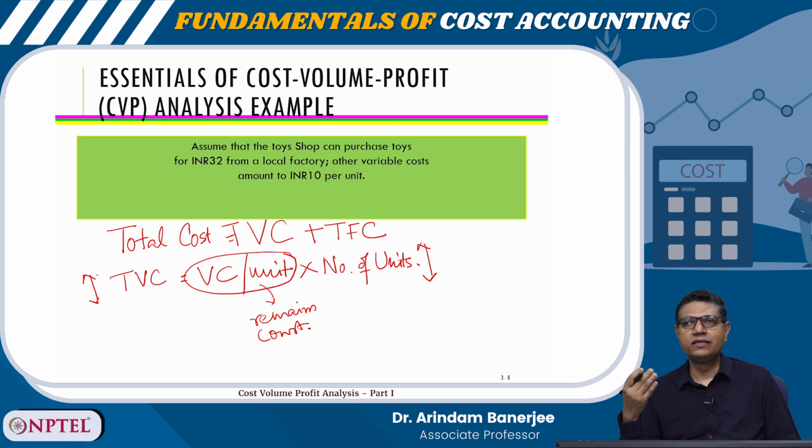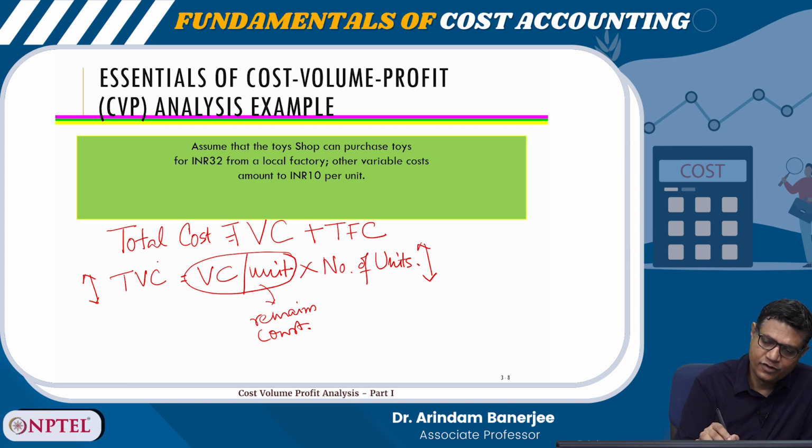Some seasonal factors, for example, ice cream sells more in the summer. So, in summer I can increase the production level of ice cream, but in winter I may not need that. Depending on that, I can control this total variable cost in the shorter run.